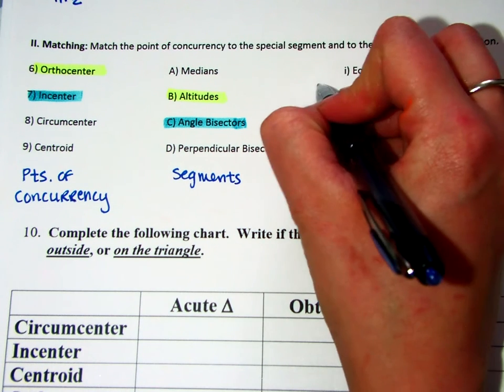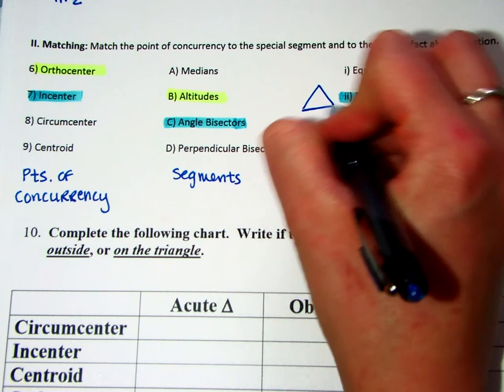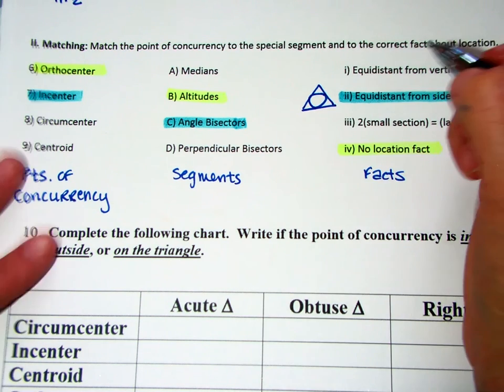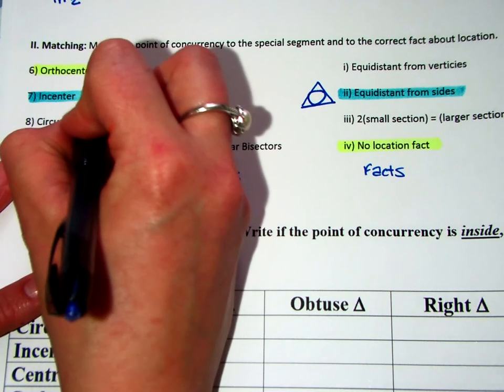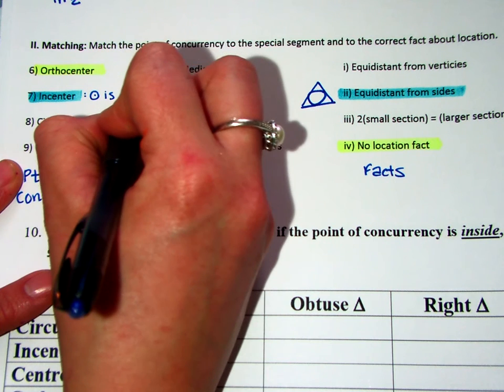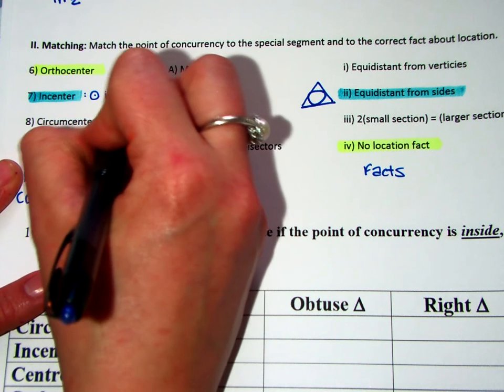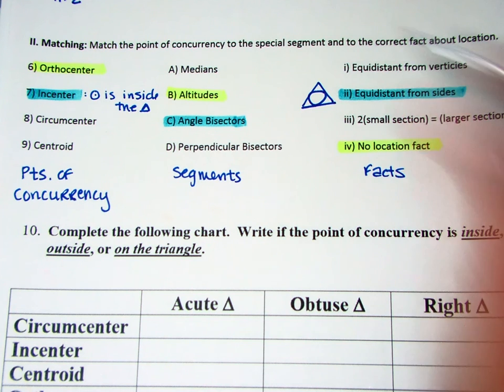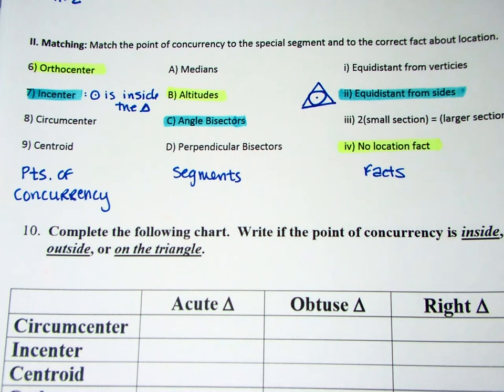So when I draw a picture of an in-center, the circle is inside the triangle. The important, interesting fact about an in-center is that the circle is inside of the triangle.